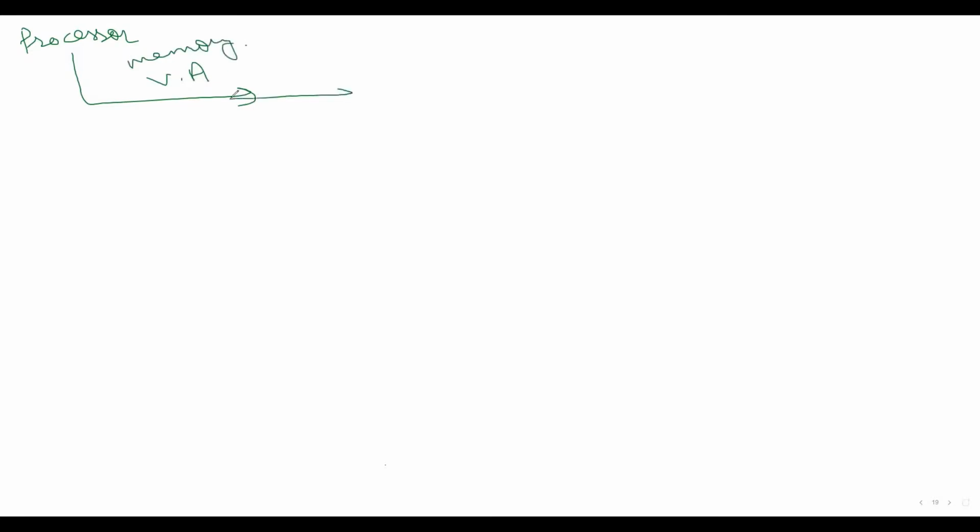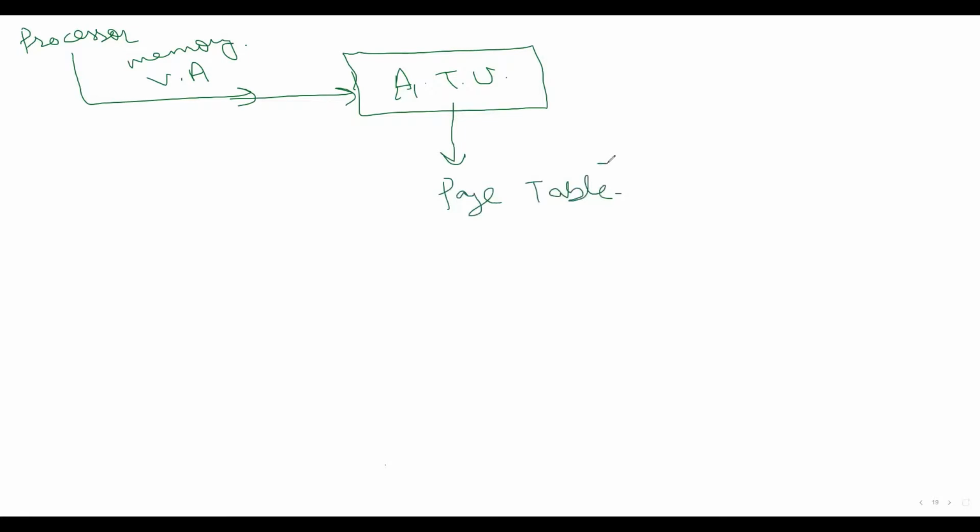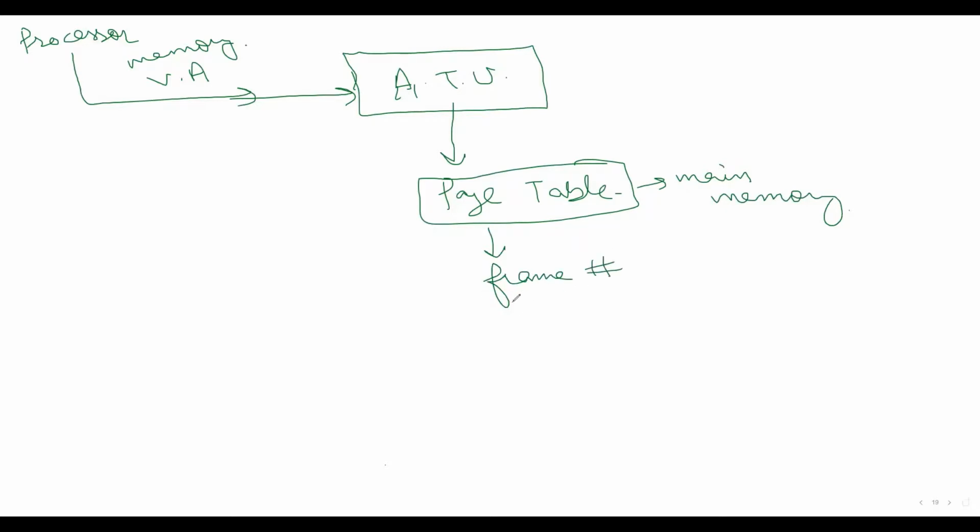So this virtual address goes to the address translation unit. This address translation unit will access the page table, and we know this page table is stored in main memory. After accessing the page table, we will get the frame number. Then, with this frame number, we will have the physical address. This physical address is then sent to the memory, and we will have another main memory access.